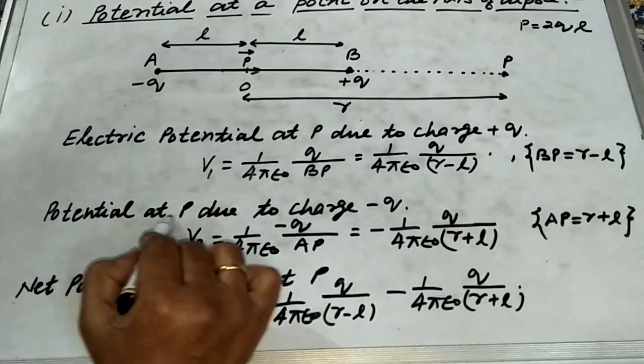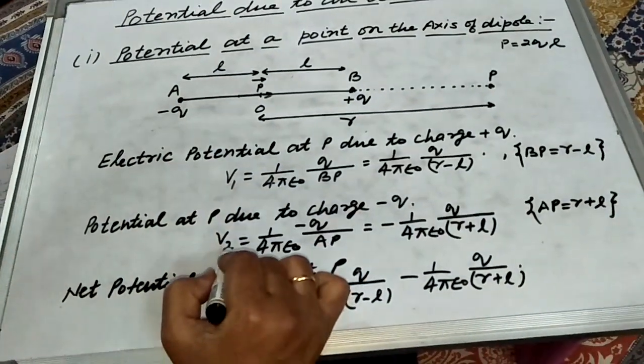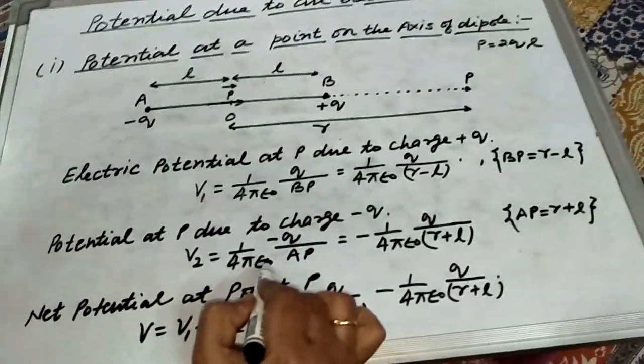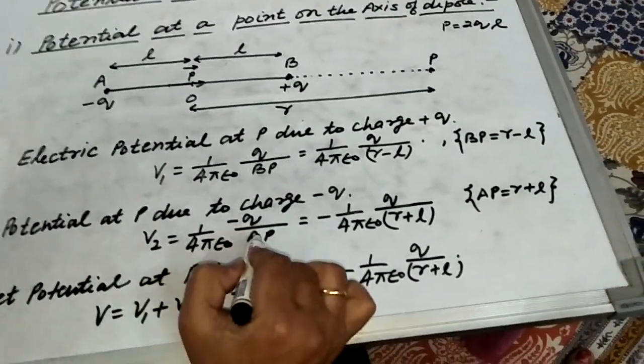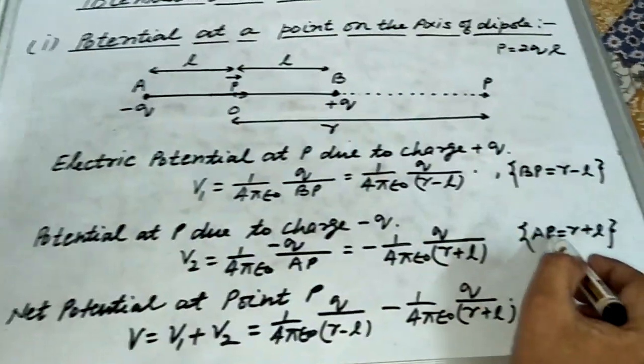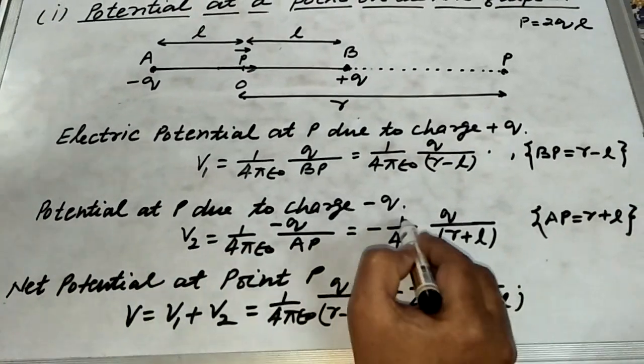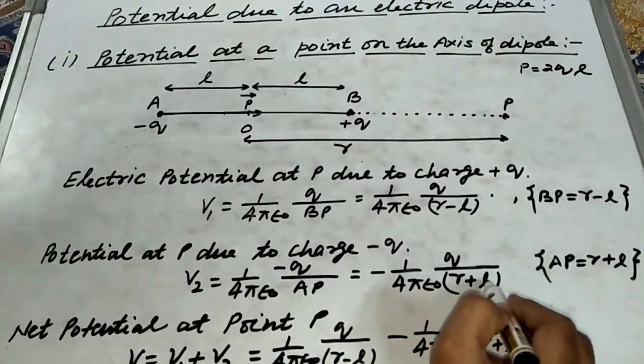Similarly, the potential at point P due to charge minus q is V2 is equal to 1 upon 4 pi epsilon naught minus q upon AP, and this distance AP is r plus l. So the minus sign will come here: minus 1 upon 4 pi epsilon naught q upon r plus l.